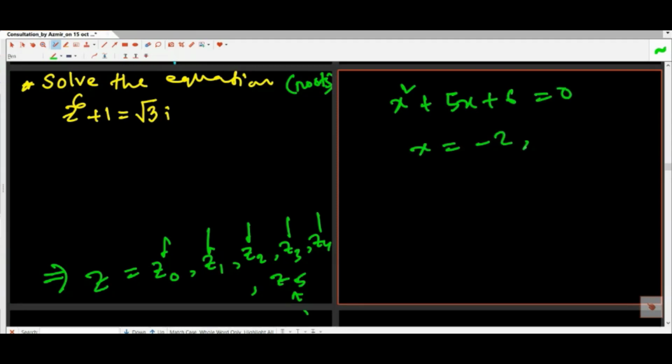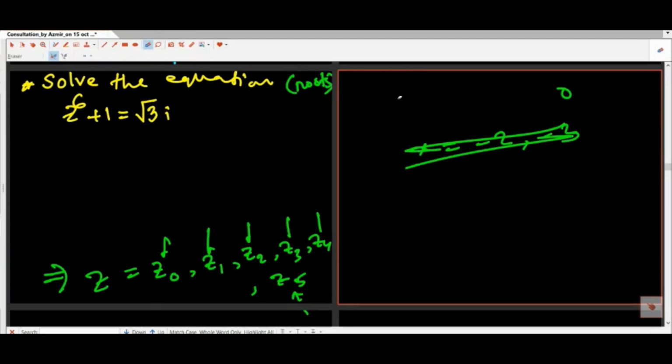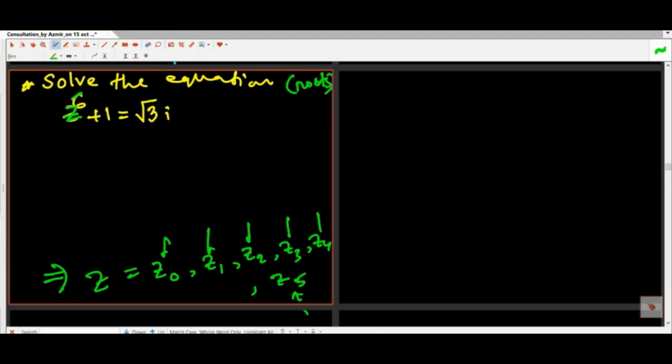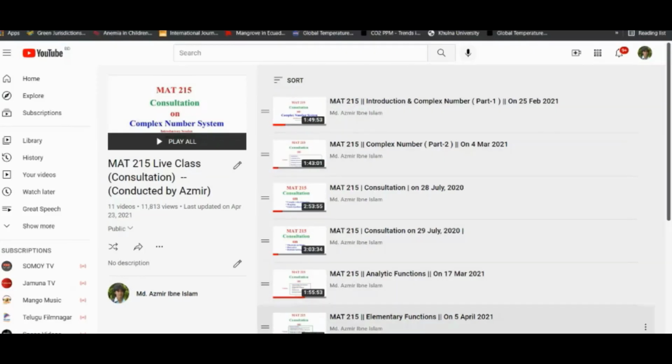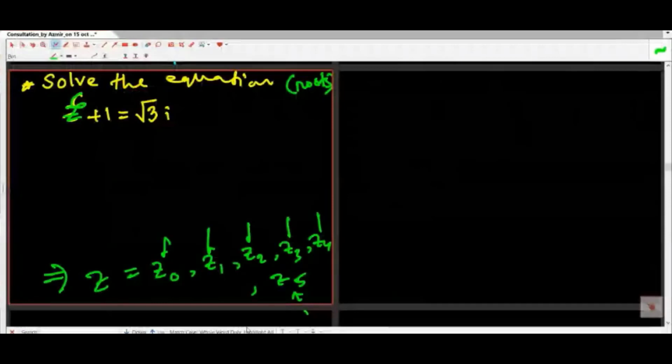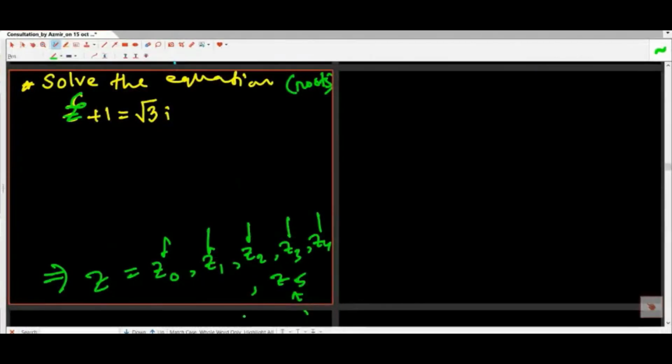We will have 2 solutions depending on the highest power of x. Similarly, we have here an equation where we have complex number z. So z power 6 means you will have 6 solutions. So you can go through these 2 lectures. You will get the idea of what I'm going to solve here. Okay, so I'm going to solve this one directly.